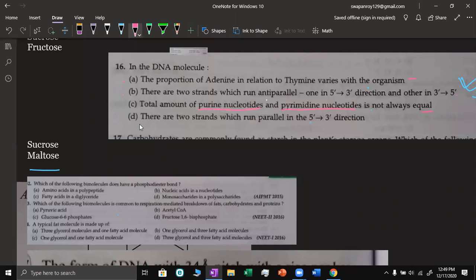Option D, there are two strands which run parallel in 5-3 direction. Here, in a DNA molecule, you have to select the correct one.